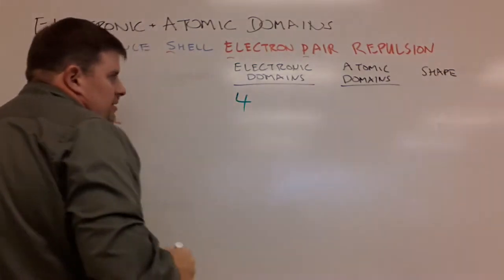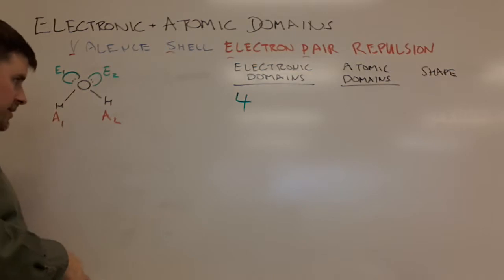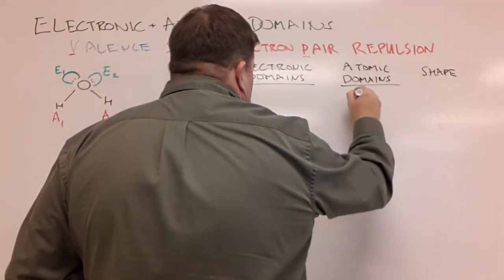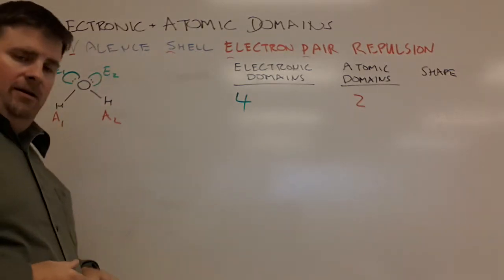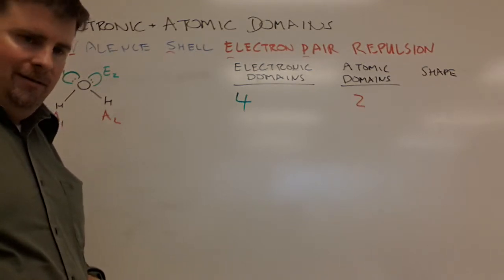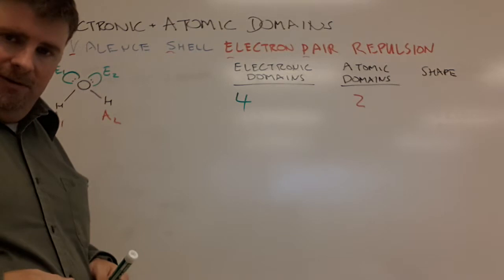So electronic domains here is going to be 4. The atomic domains in this case are going to be 2. Right? Because I've only got those 2. So my electronic domains in this case are going to be what? A 4 shape. What is it when we have a 4 shape?